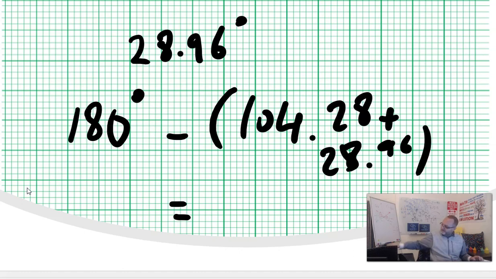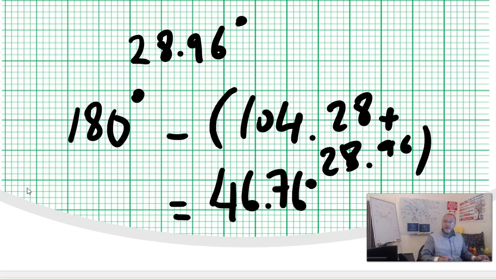And what do we get here? We need just a regular calculator, and we get an answer of 46.76. Now it makes sense. The largest angle is B, the largest side is B. The one in the middle is C, the angle in the middle is C, and A is the smallest one.